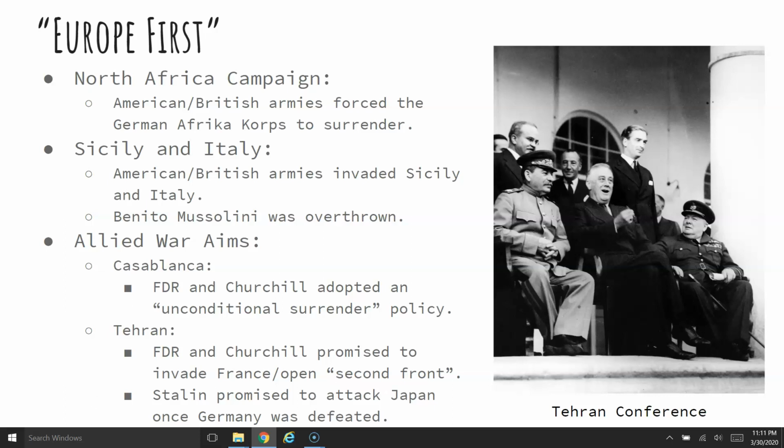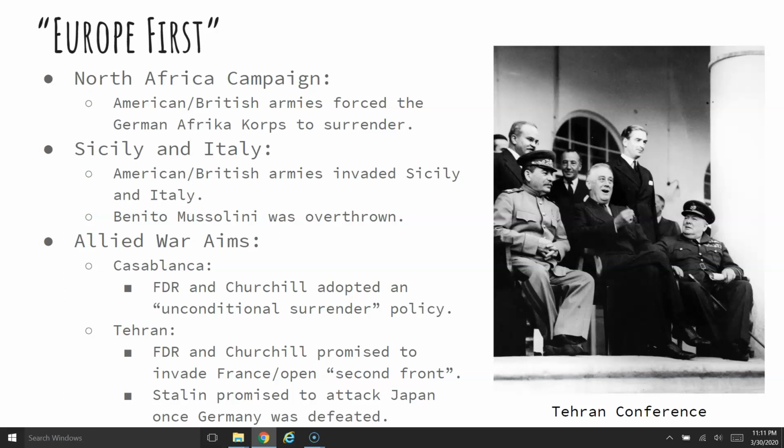Roosevelt and Churchill promise that they will invade France, which at this point in time is under Nazi control, and open a second front. You should remember from World War I, Germany was in a fairly bad position when World War I broke out because they had to fight a war on two fronts.